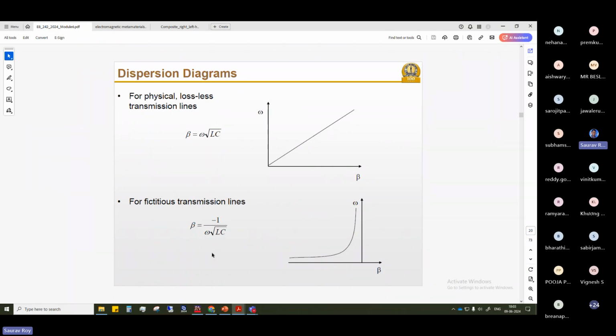But because of this negative phase shift, you will get a phase advance. So it acts completely opposite, which is why it is called negative, or left-handed. And the plot is no longer linear. Near beta equals 0, omega goes to infinity because of the 1 over omega equation, and then it reduces very drastically. It's like a hyperbolic plot.